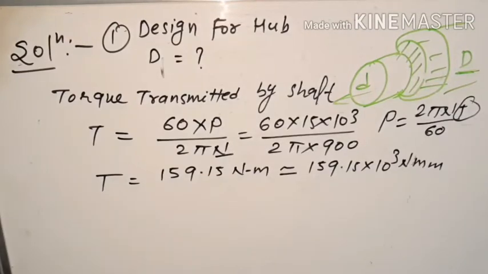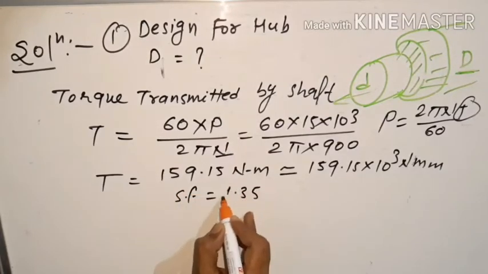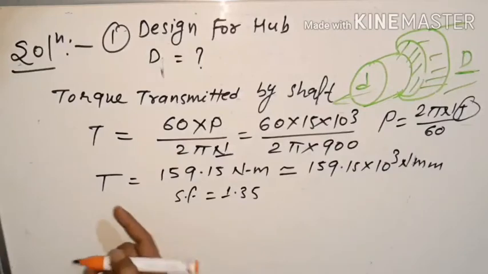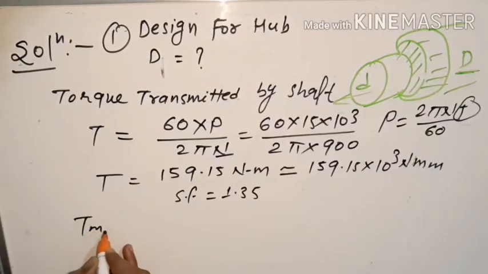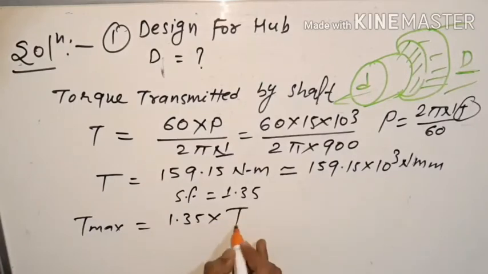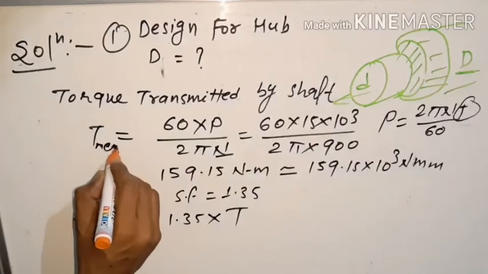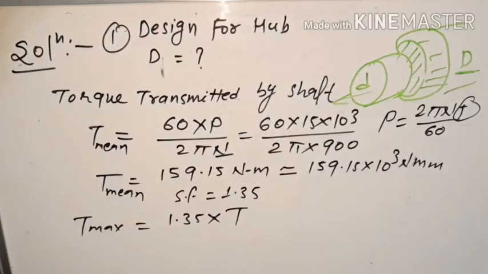Now we have a service factor of 1.35. We already discussed this with you. So the maximum torque transmission is given by 1.35 multiplied by this T. This is the mean torque, and this is the maximum torque.